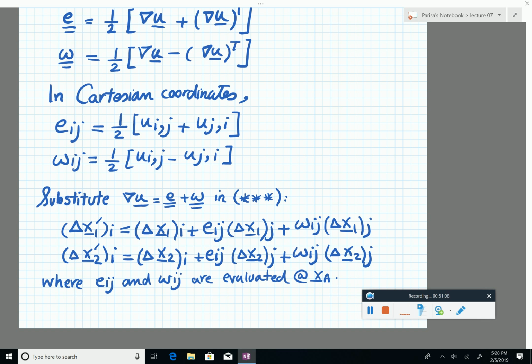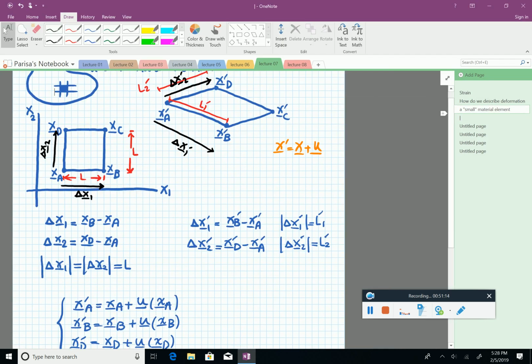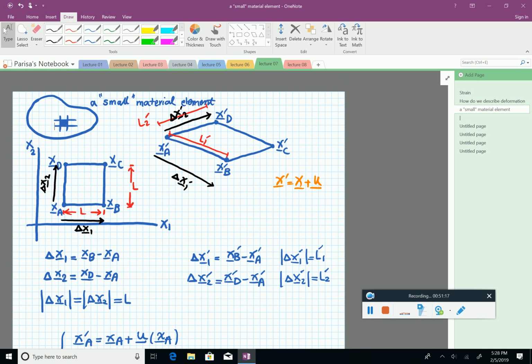I can write this in a little bit more compact way. So let's look at the figure once, and then I write it. So let's look at what everything is. Delta x1 and delta x2 are the two vectors along x1 and x2, and delta x1 prime and delta x2 prime are basically in the deformed configuration. And what I just wrote for you were the ith component of each.